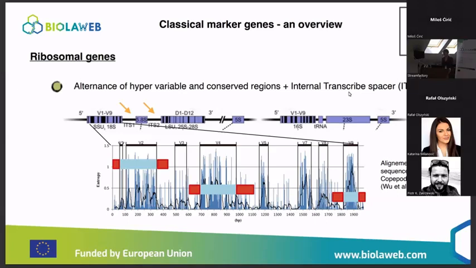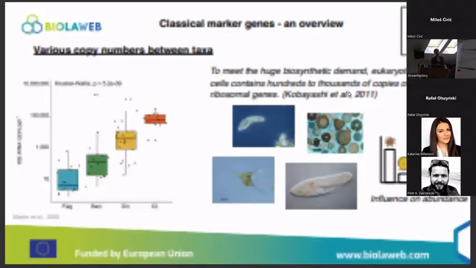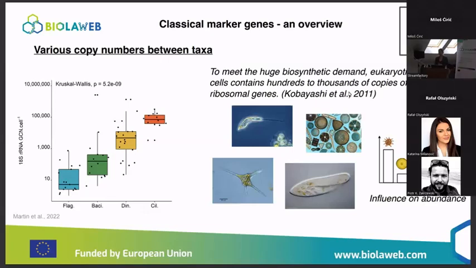Something that you need to have in mind is that these ribosomal genes are very important for the biosynthetic capacity of the cell. And so for that, they are present in multiple copies. And this number of copies varies between species within a taxonomic group and also between taxonomic groups.